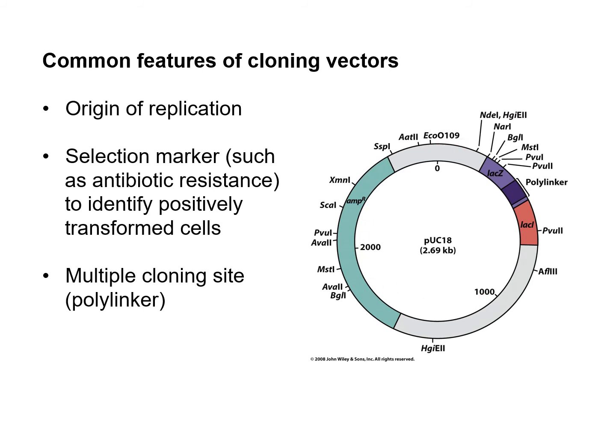And also there's another feature, multiple cloning site, also called a polylinker, which has a lot of these restriction enzyme recognition sites that you can utilize for cutting and putting in some of the genes of your interest.